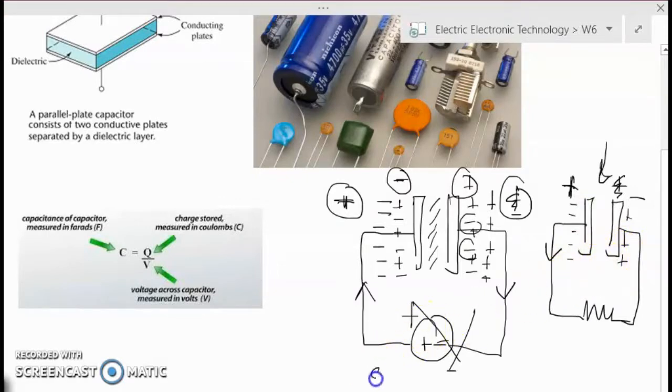So this is what we call the charging state of a capacitor, and this is the discharging state of the capacitor. Just by having two conductive plates and a dielectric material that prevents the charges from jumping from one plate to another, we create a small battery which is called a capacitor.